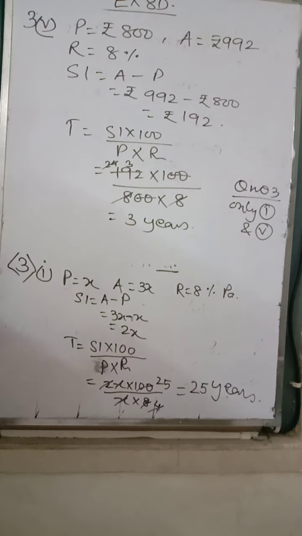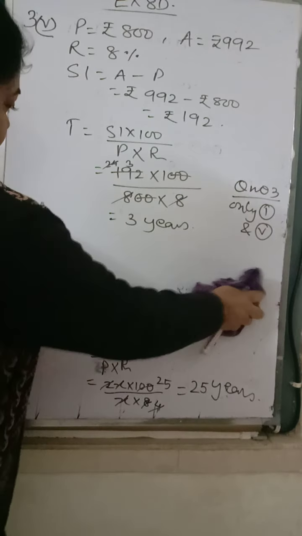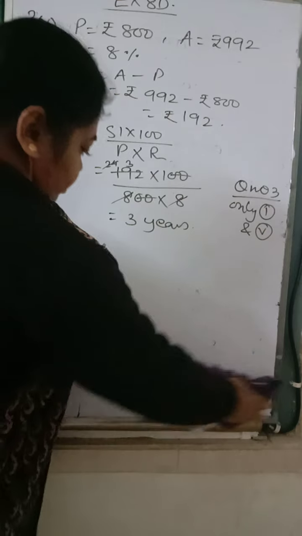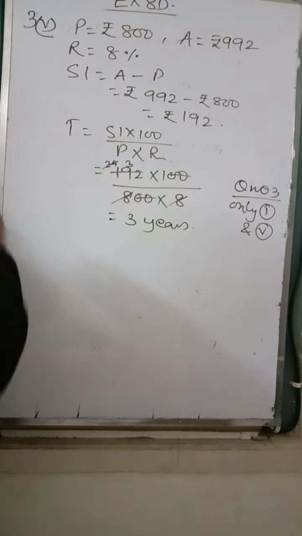Look at question number 6. Because you will ask why ma'am is doing this. I have sent you, you remember, maybe in the month of July or August, the reduced syllabus by the ICSE board.